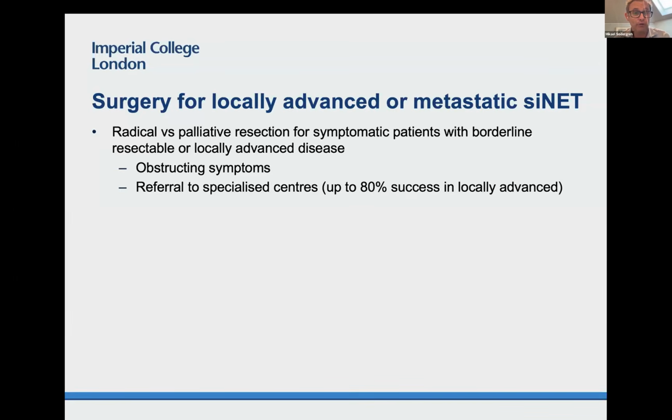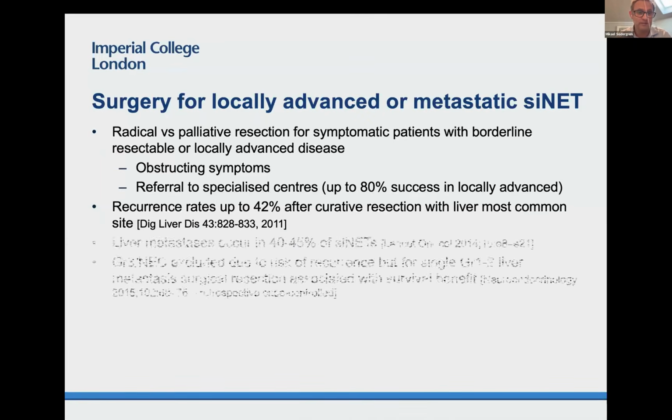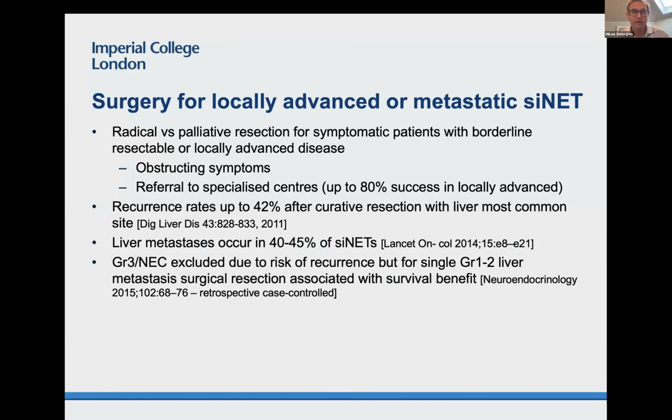And often when you have locally advanced disease, as I mentioned, referral to a specialist center will allow for up to 80% of these to be resected, even with locally advanced disease in the small bowel mesentery. The recurrence rates are up to 42% after curative resection, and liver is the most common site of recurrence. As I mentioned, 40 to 45% recorded in large series.